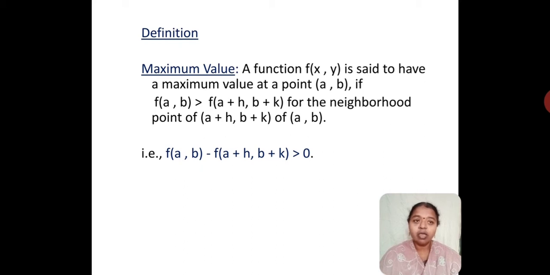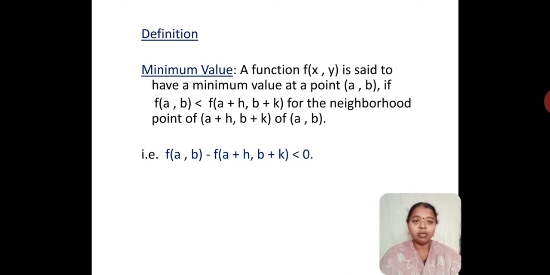A function f(x, y) is said to have a maximum value at a point (a, b) if f(a, b) is greater than f(a+h, b+k) for the neighborhood point (a+h, b+k) of (a, b). That is, the other way of writing the formula would be f(a, b) minus f(a+h, b+k) is greater than 0. This was the definition of maximum value.